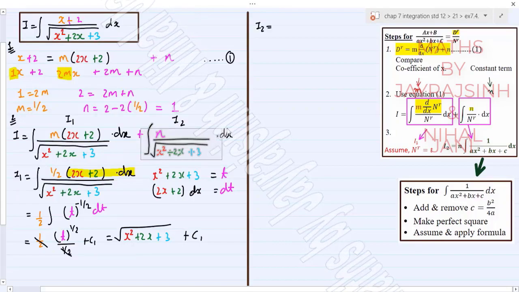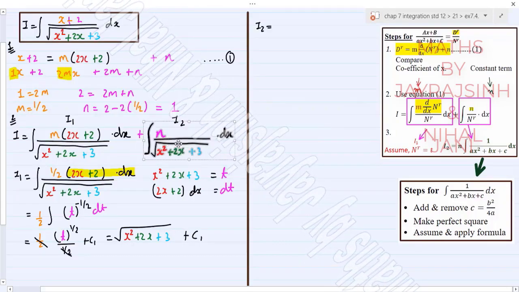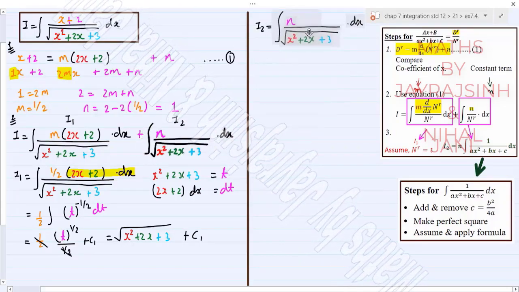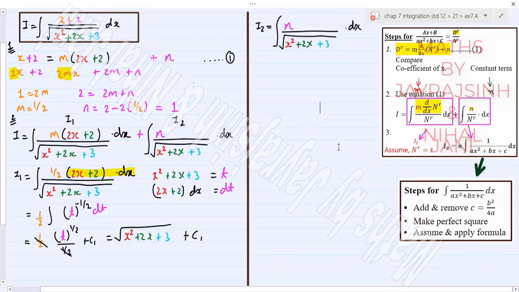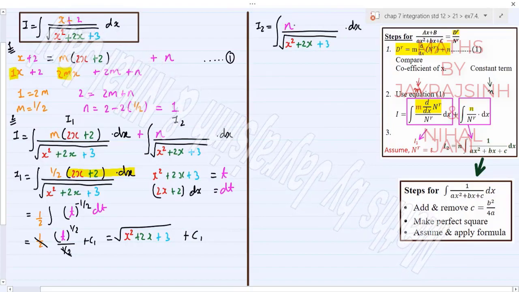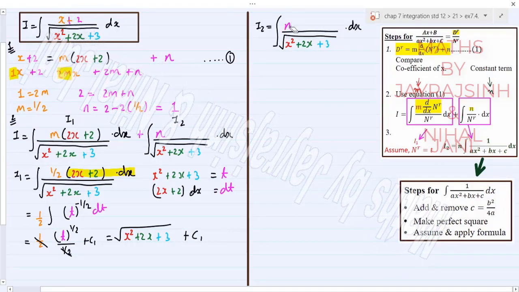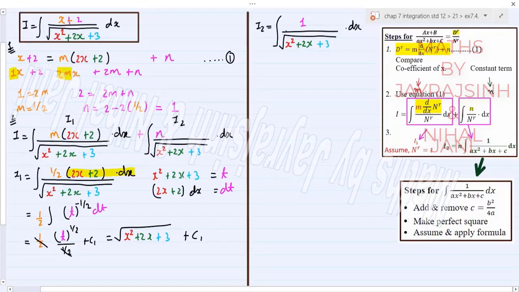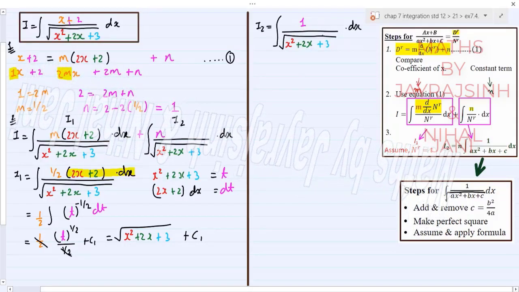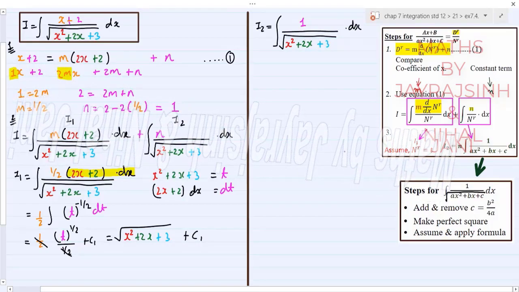Now let's try to integrate our I2. Now here n is 1, and our I2 is actually in the form of 1 upon under root of x square plus 2x plus 3.